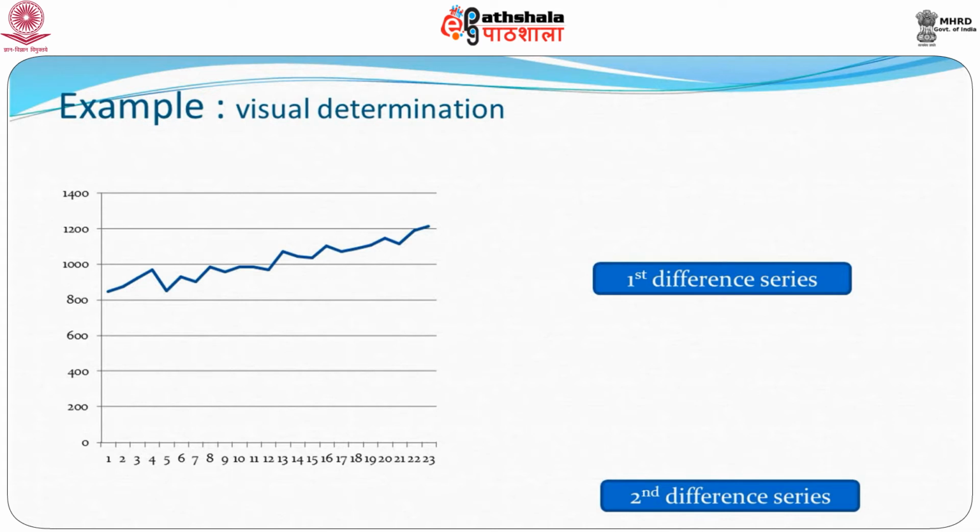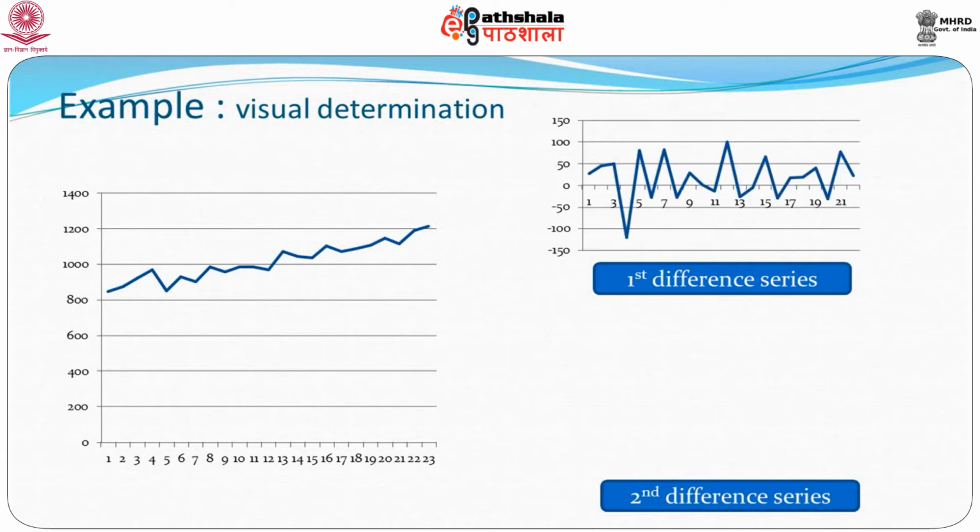So, there is an increasing trend in this data. Now, on the right hand side in the first panel, what we see is the first difference of the series, and now the series has flattened out and is oscillating around the 0 line.